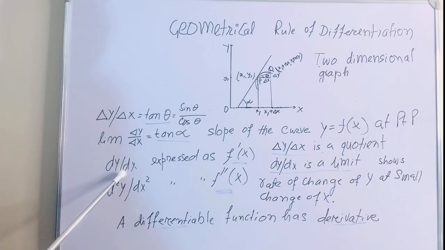In production economics, as I said earlier, the first derivative shows the marginal product. And the second derivative, the derivative of the marginal product, shows the rate of change of marginal product.